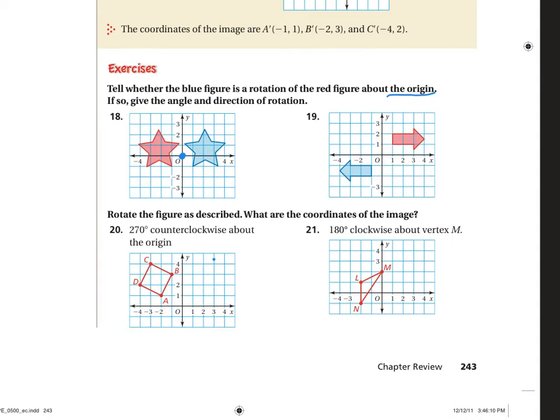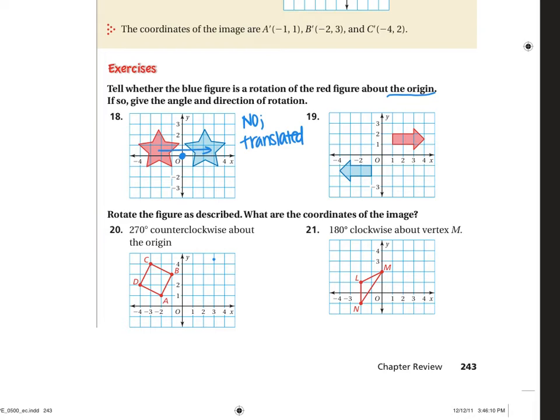If so, give the angle and direction of rotation. So let's see, is 18 going to be a rotation of the first figure? If you notice, it is not, because this red shape just slid to the right, and that's going to be a translation, not a rotation.